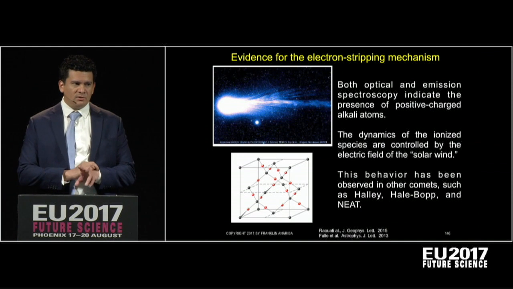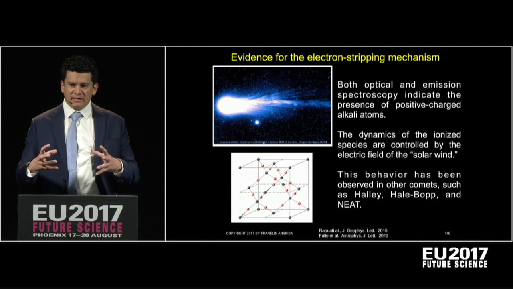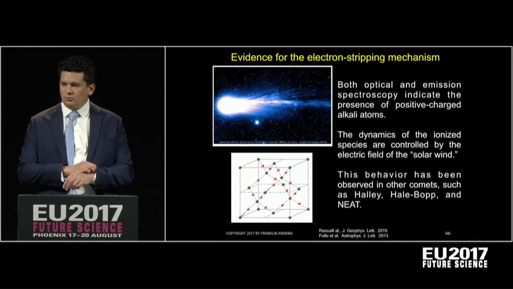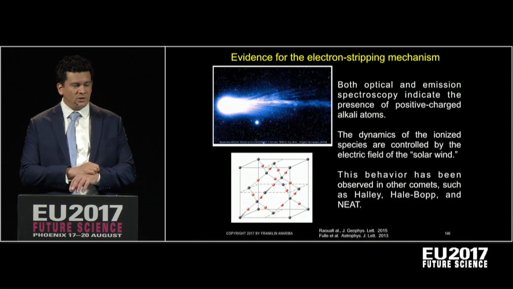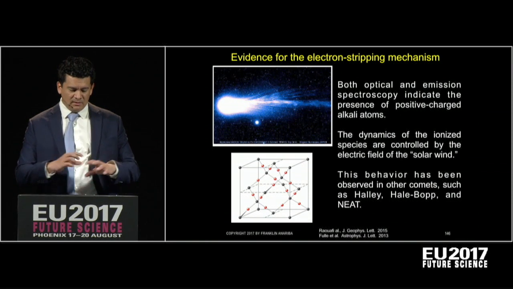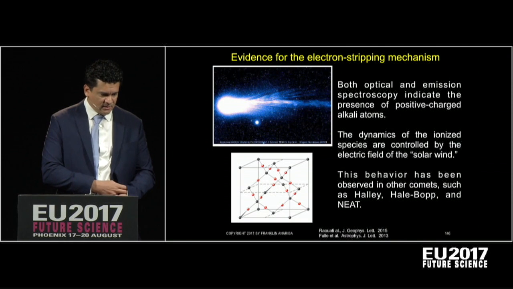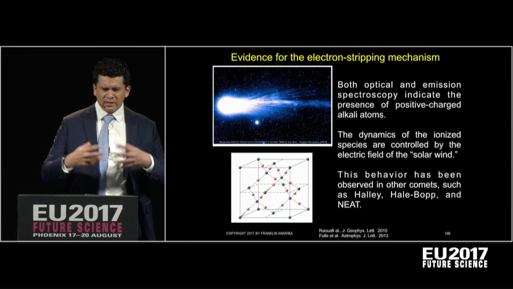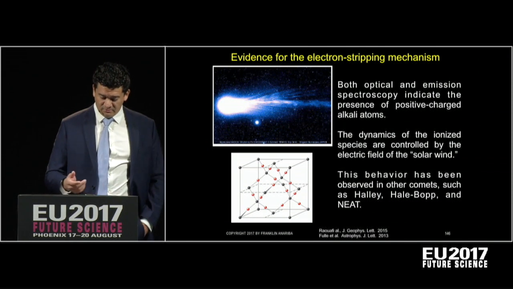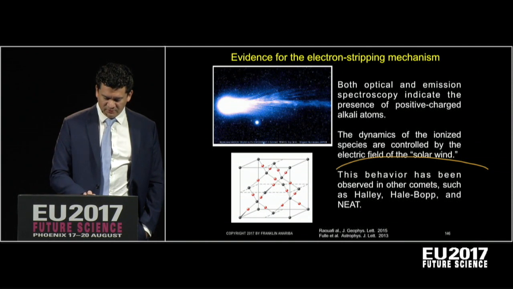To me, that model explains why we see a lot of electrons, which are due to this model and not to photoionization. Many works indicate that there are more electrons than should be allowed by photoionization. Well, we have electrostripping behavior here, and this is being observed with all the other comets as well.